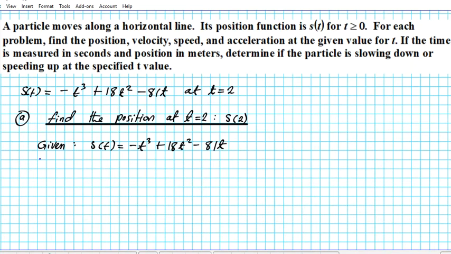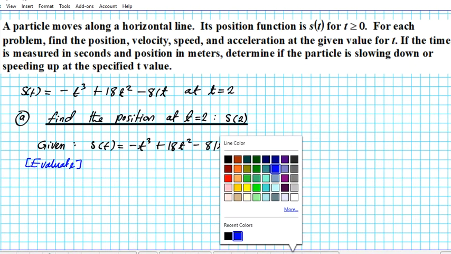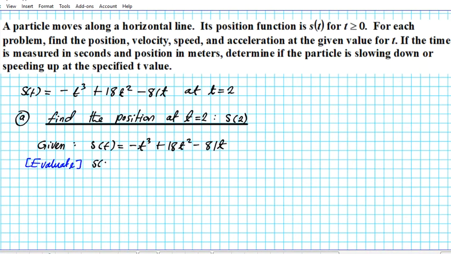Okay, so that's the step for this particular one. So we're going to evaluate this position function at the specified time. So we're going to evaluate s at t equals 2. So just simply plug in 2 for all the t's. So we have negative 2 to the third plus 18 times 2 squared minus 81 times 2.